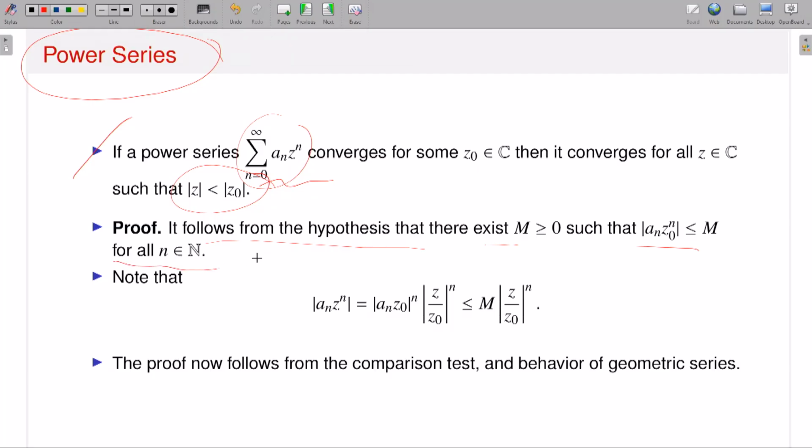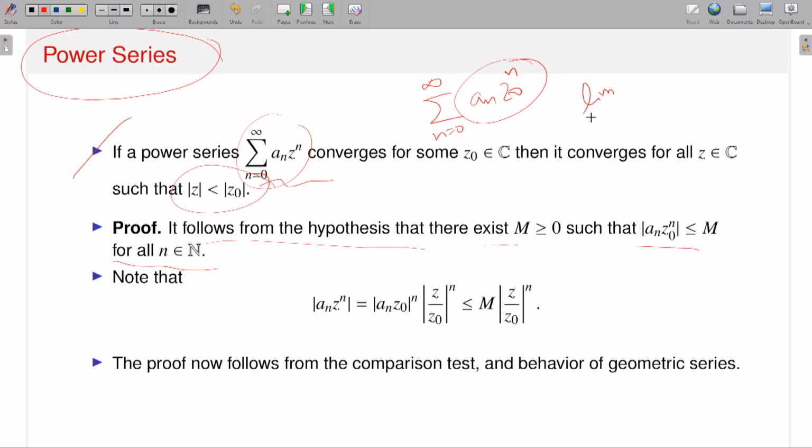And why is that? Okay, let me just prove it. So this converges for some z naught, that means the sum from n equals 0 to infinity of a_n z naught to the power n converges, right? Now since this converges, what can I say? If a series converges, what does it mean? The nth term goes to 0.